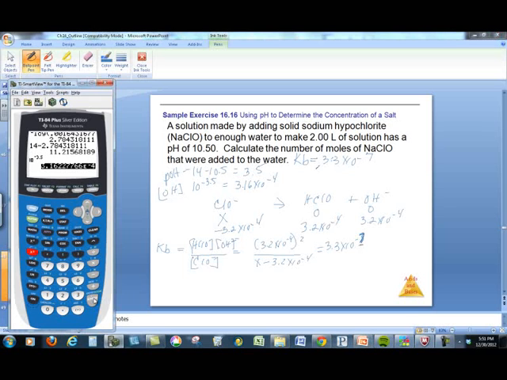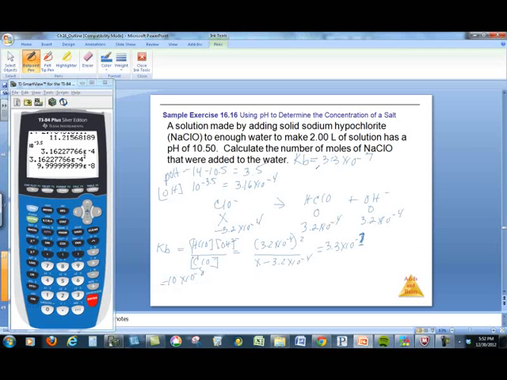X squared, and that gives me, that's going to be equals 10 times 10 to the minus 8th over 3.3 times 10 to the minus 7x minus this times this, which is 3.2 EE negative 4 times 3.3 EE negative 7. Oops. What am I doing? Let me clear that all.